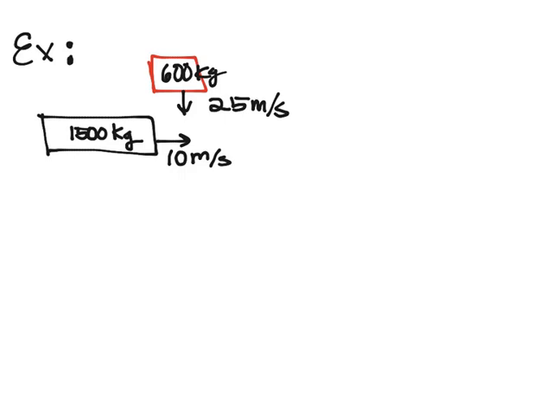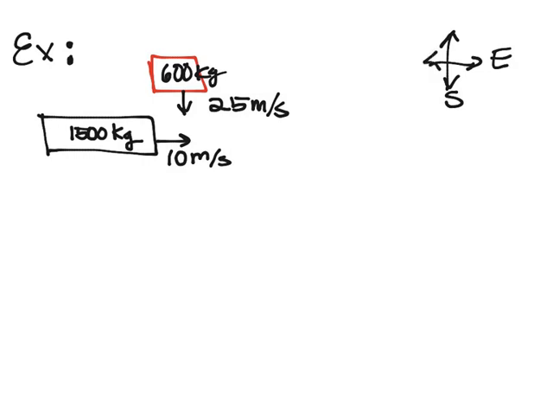They could be two cars. One is 1,500 kilograms, and it's moving to the right, or we could even say to the east at 10 meters per second. The other object, another car, is moving 25 meters per second to the south.